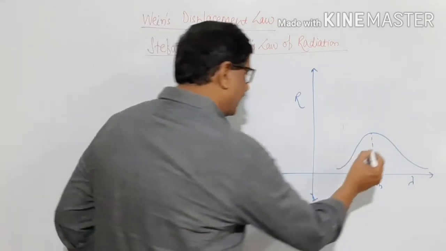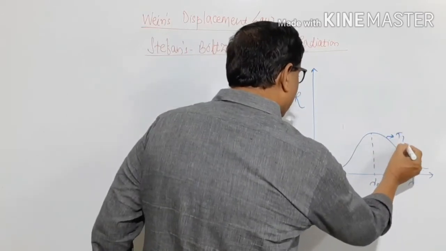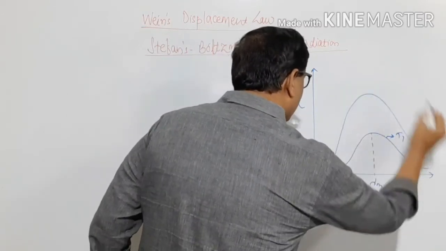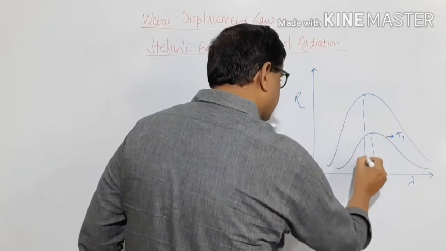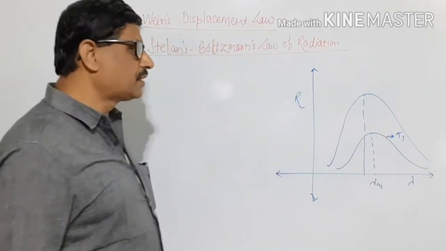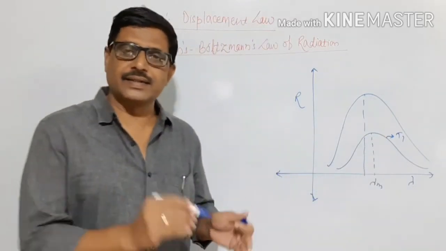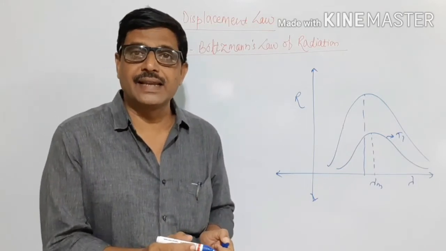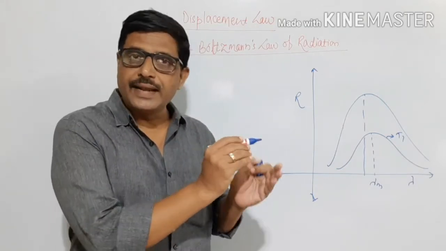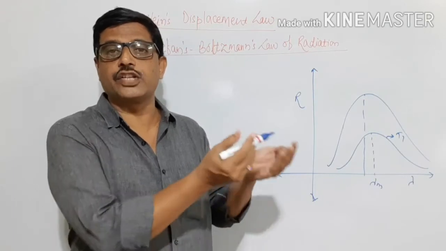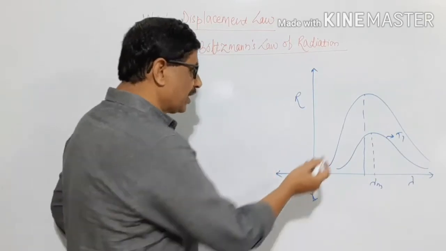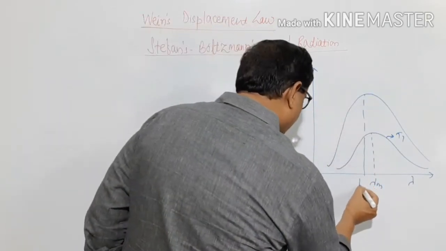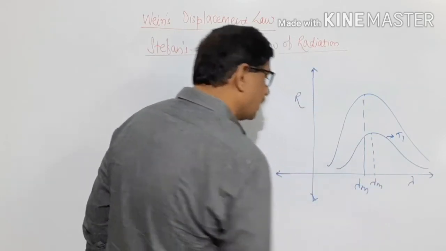This is for one temperature of the emitter. With an increase in the temperature of the emitter, the nature of the graph will be similar, but with increase in temperature there is an increase in the radiant power, more heat energy is radiated, and the wavelength for which the intensity of radiation is maximum decreases.